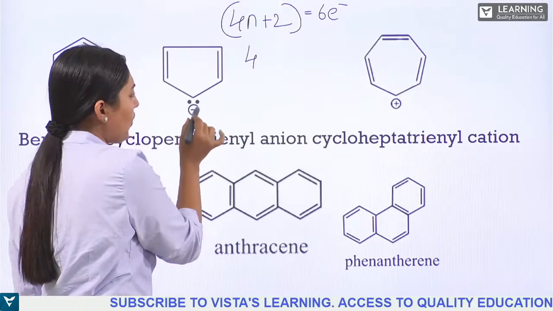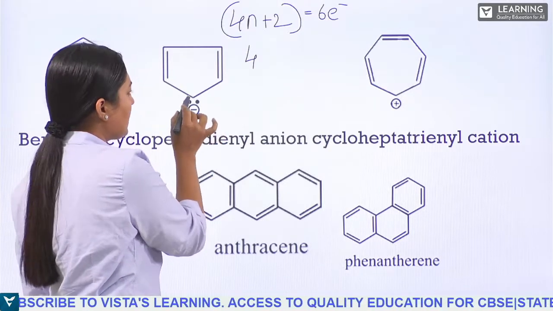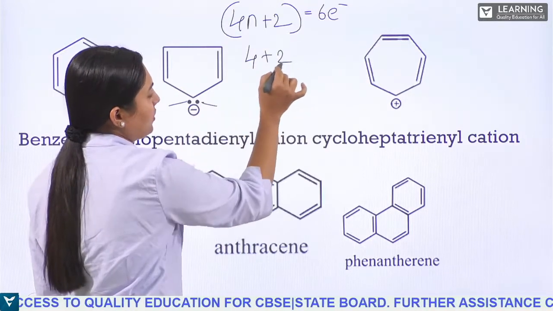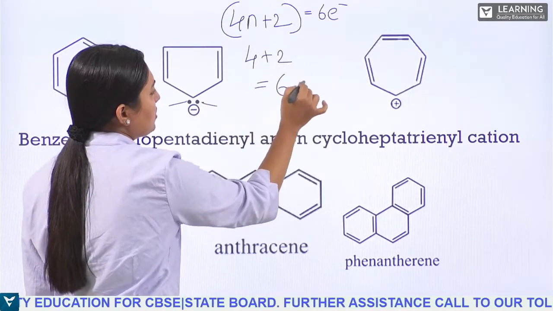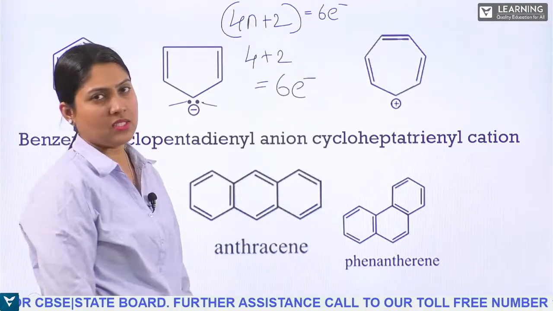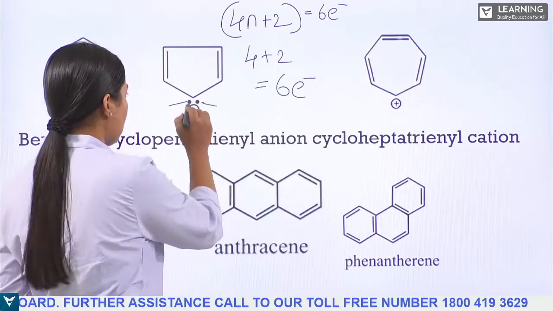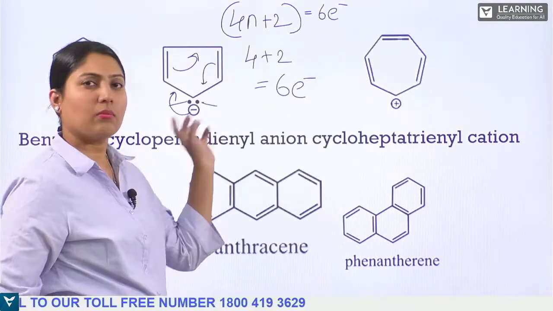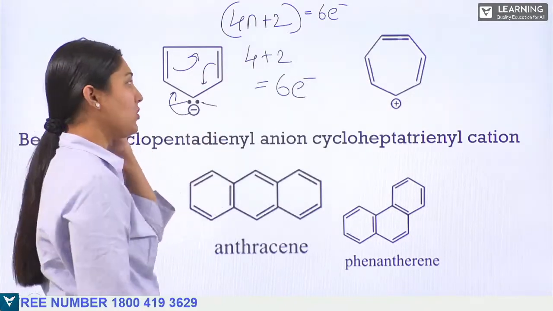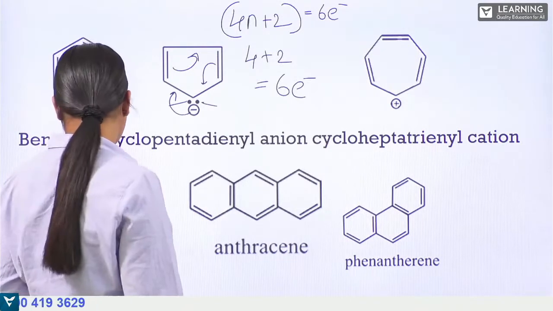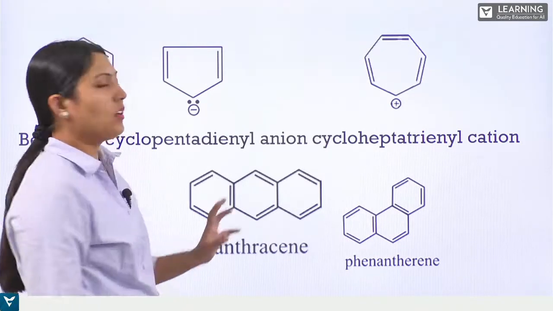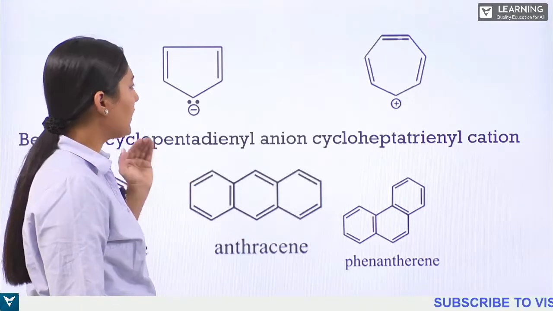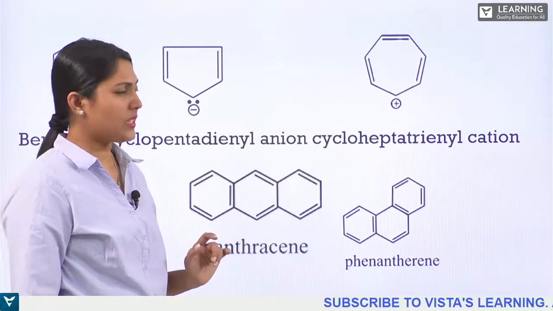And you can see one negative charge, which implies 2 electrons. So 6 electrons are present, and these electrons can also be used in resonance. They can also be delocalized, and hence it gives us aromaticity, and it holds good for Huckel's rule.